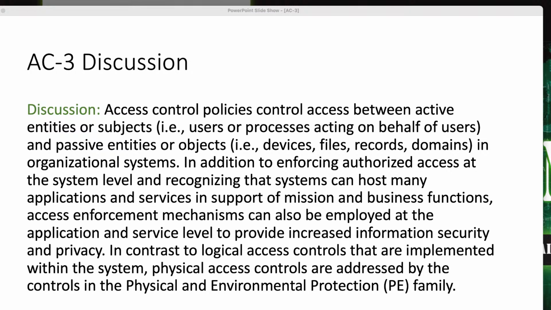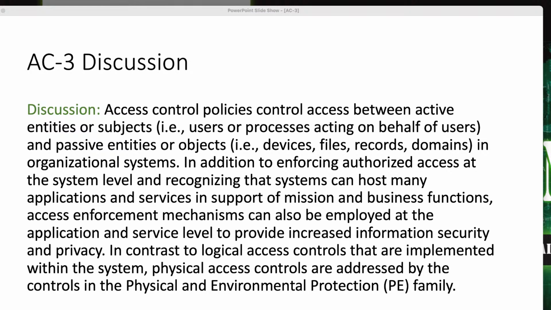To put that in more common terms, your Windows or your Linux system can have access controls on it, but then Word or PowerPoint or your Oracle database, whatever's running on there, can have additional levels of access control. So we want to put access controls layered on the system, and we'll have to do that in a way that makes sense for our organization.